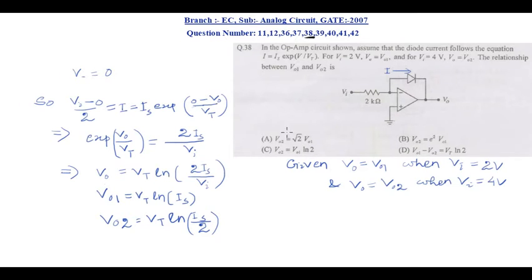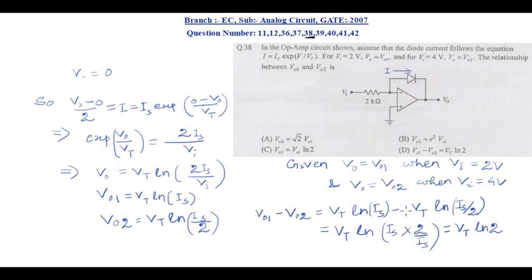By seeing the options, if we subtract V01 minus V02, then we will get VT ln(1/IS) minus VT ln(1/(2IS)), which will eventually give the result VT ln 2. So from the options, D is the correct answer.